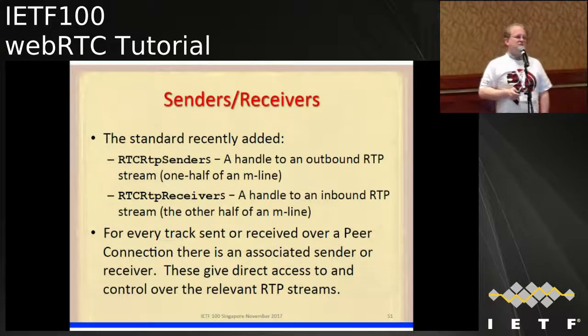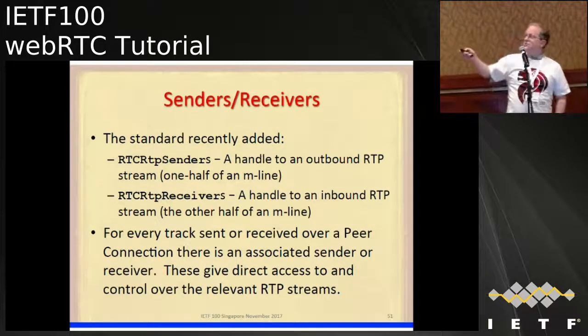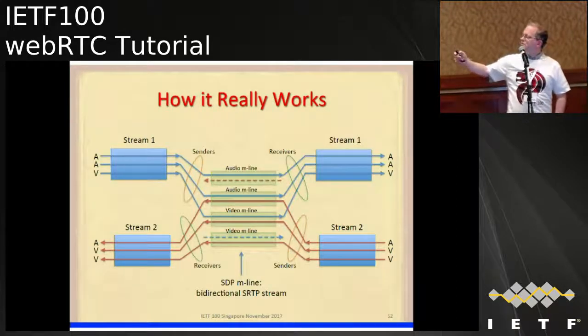What's recently been added is RTCRtpSenders and RTCRtpReceivers, which we just call senders and receivers. And they are handles to the outbound and inbound RTP streams. So for every track that's sent or received over a peer connection, there's an associated sender or receiver. And that gives you direct access to those particular streams. So in the picture here, these are senders and these are senders.